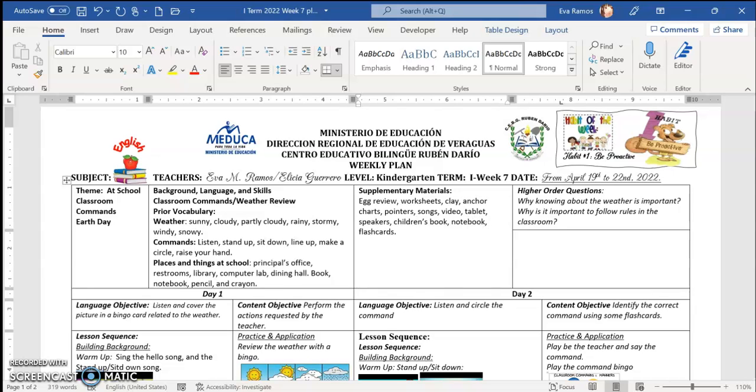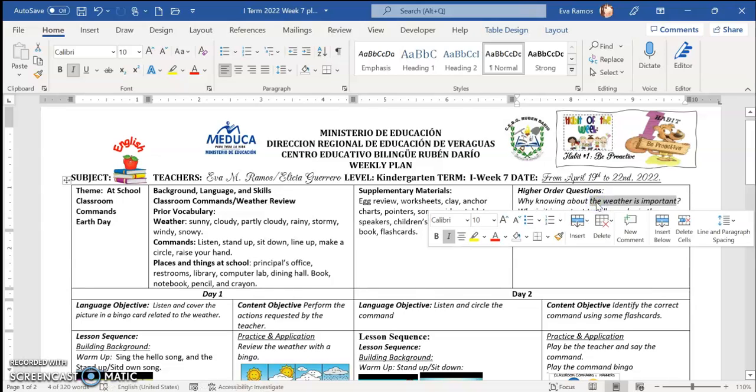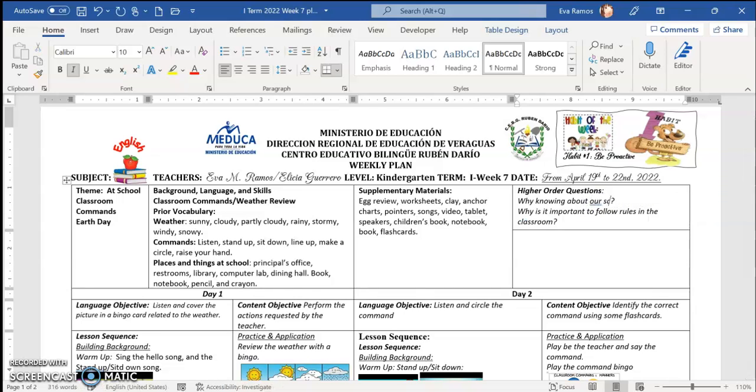And I am using some material from a book, and that will be higher order questions. Why is it important that our students reflect on their own learning even if they are small? Why knowing about our school and what we do here is important. I always use, why is it important? It's a little bit easy to ask them to reflect on that.